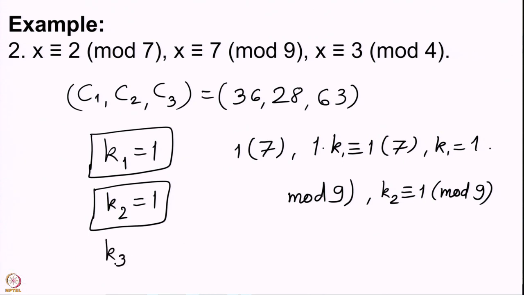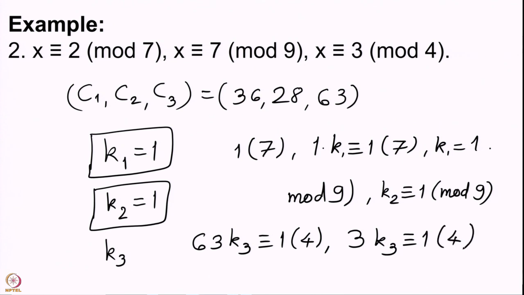We should now solve for K3 with the property that 63 K3 is congruent to 1 mod 4, but 63 is 3. So, we should solve for 3 K3 congruent to 1 mod 4, and K3 should be equal to 3 because 3 into 3 is 9, which is 1 mod 4. So, K3 has to be equal to 3.